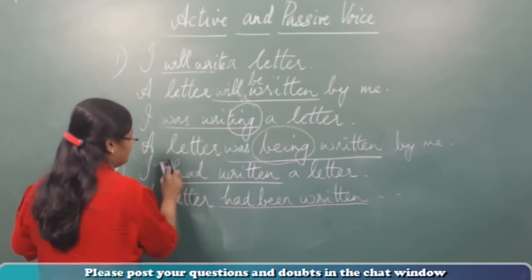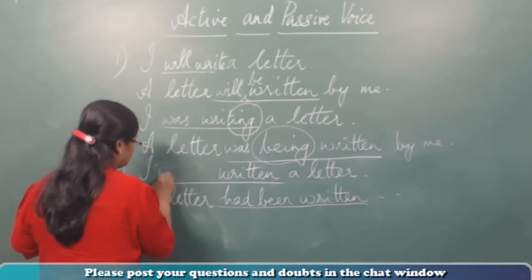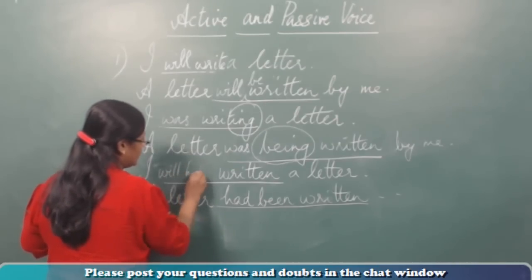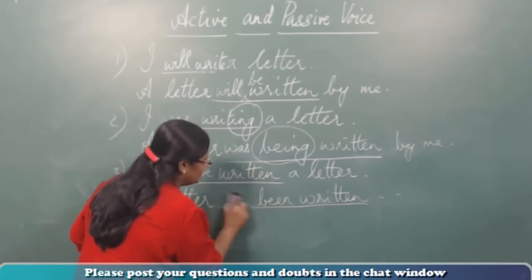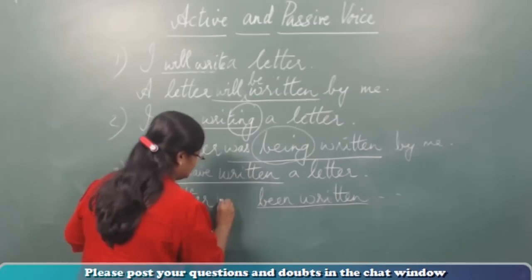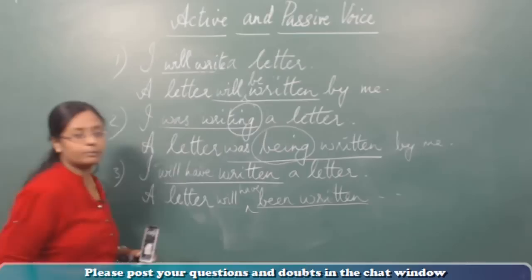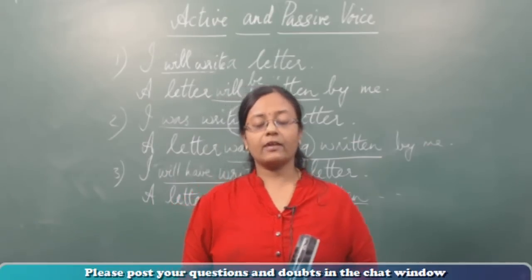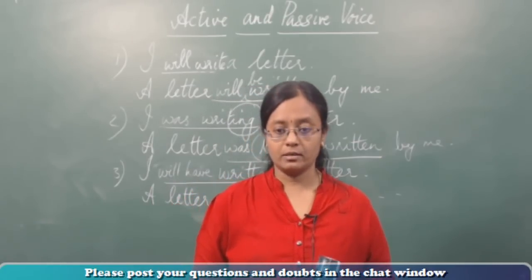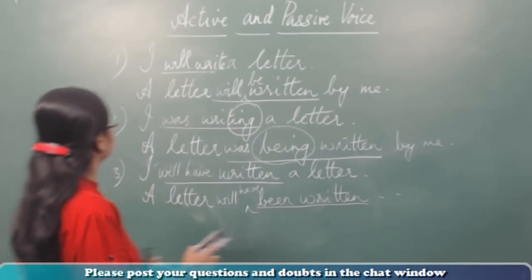Then the future perfect, I will have written a letter, will have been. A letter will have been written by me. That is all. These are the 8 tenses which have the passive form, right? No questions yet. Okay.